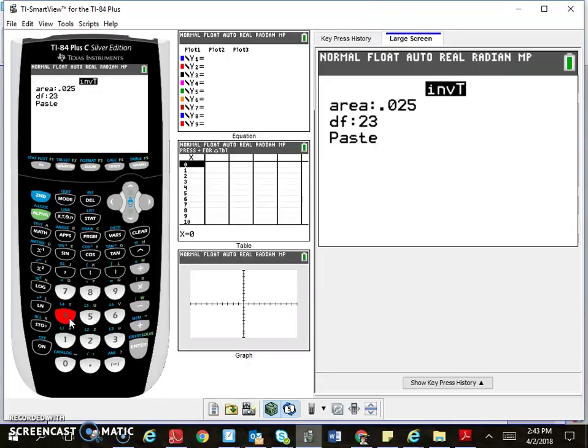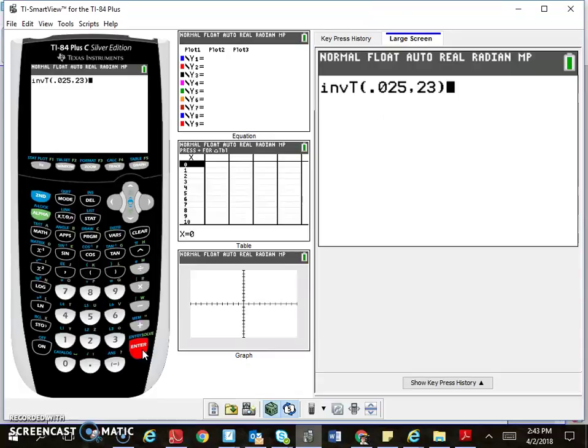So how did I get 0.025 here for area? 1 minus 0.95 divided by 2. That gives you 0.025. And then to figure out the degrees of freedom, this df, you do n minus 1. So that's 24 minus 1, which is how I put 23 there. So you put those numbers in, hit paste. This lets you see that it only requires 2 numbers now.